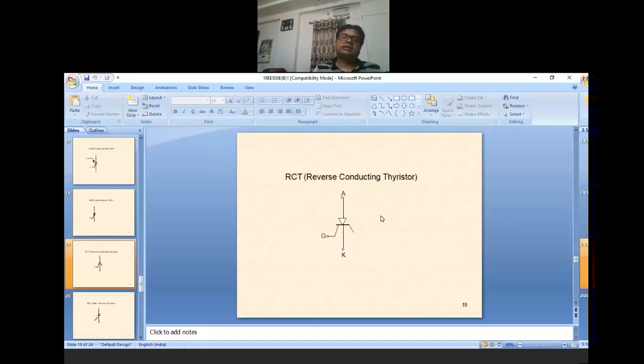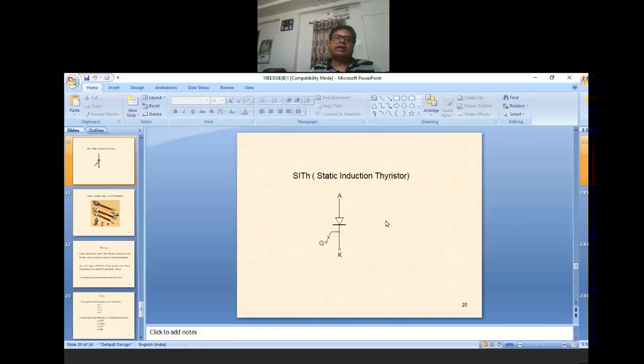Just like in the case of diode and Zener diode, where Zener diode is mainly used in reverse bias condition, this reverse conducting thyristor is also mainly designed and used for reverse bias conditions. And the last one is SITH, static induction thyristor.